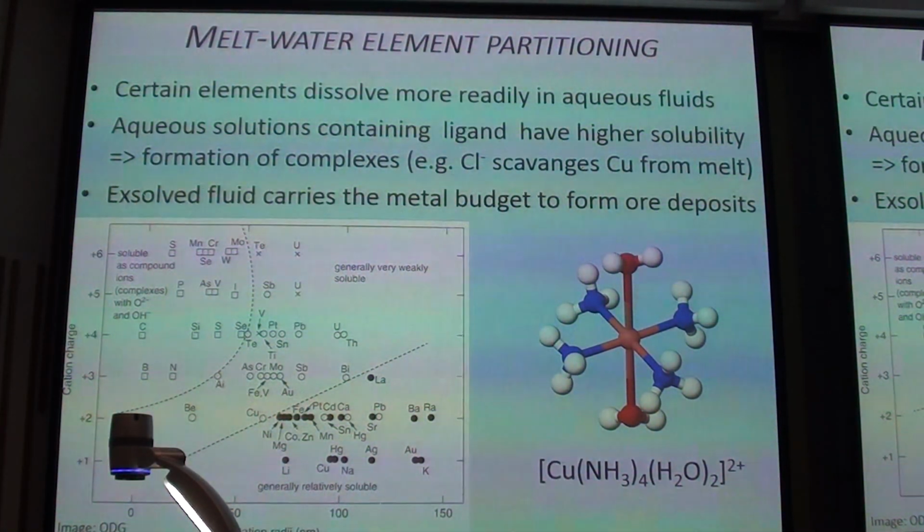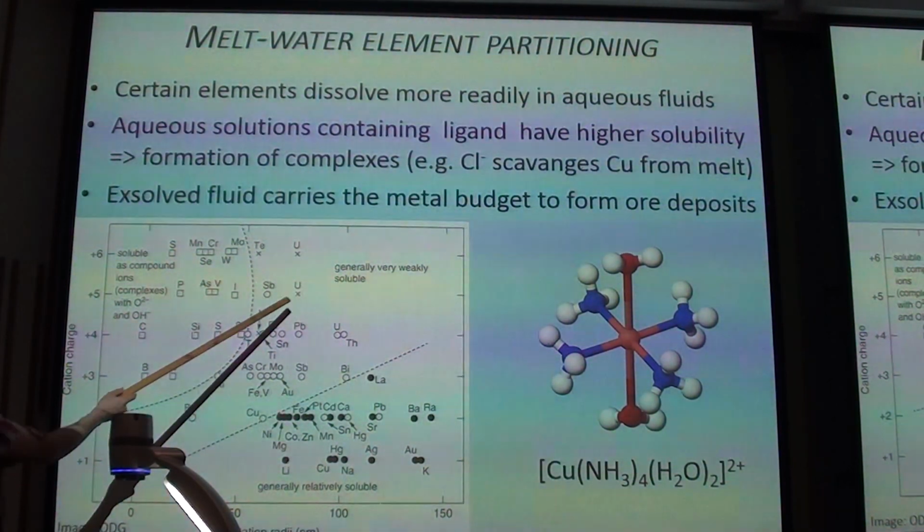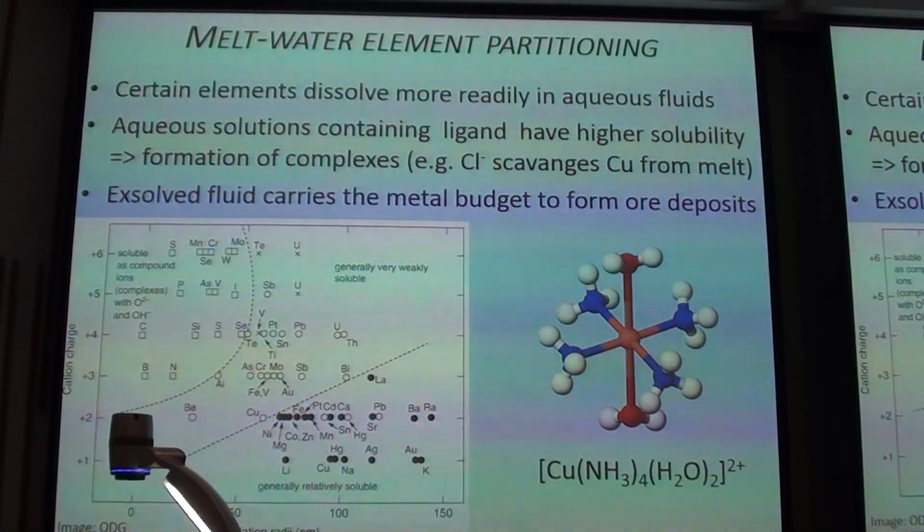And once you have a melt, a magma, and watery solution, you can start to scavenge the metals that we are interested in from the melt. Although most elements we are interested in are not readily soluble in water, if these fluids contain salts, they can form ligands, and hence form complexes with the metals and scavenge them from the magma, such as, for instance, chloride scavenging copper from the melt.